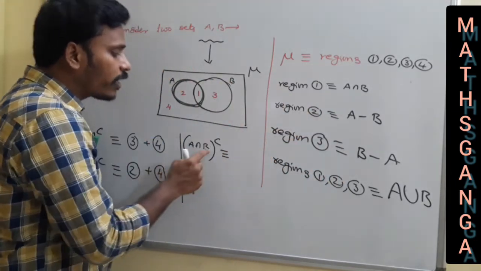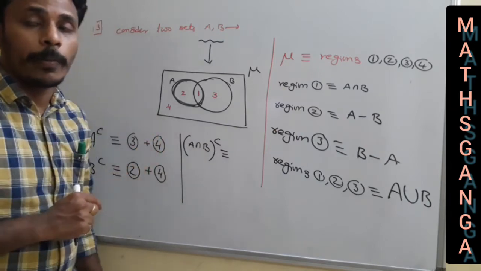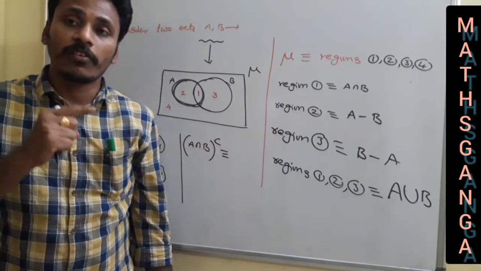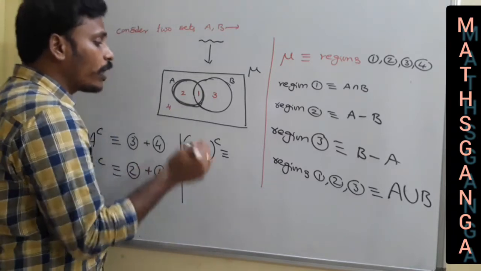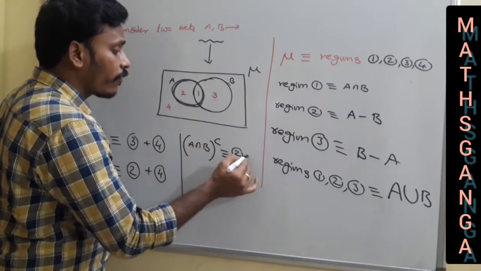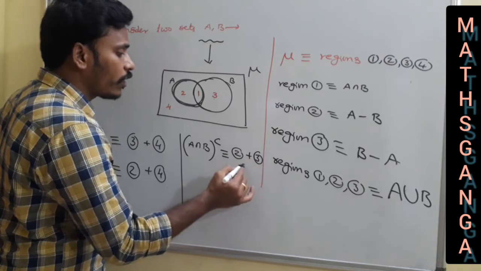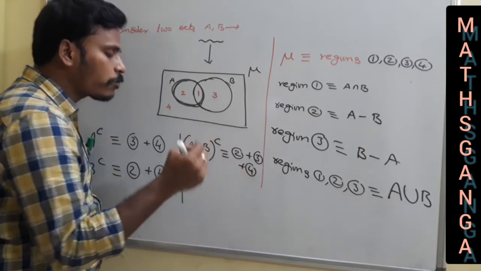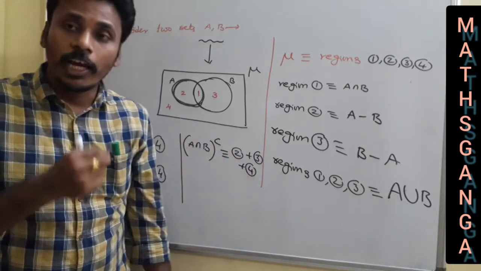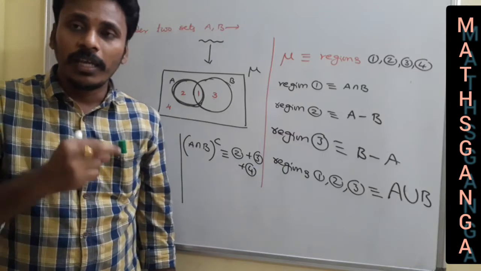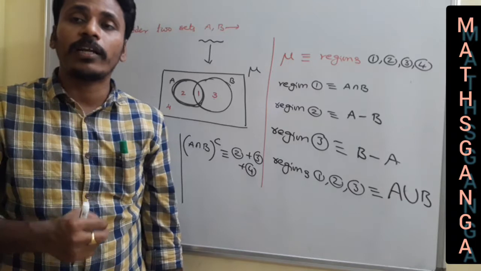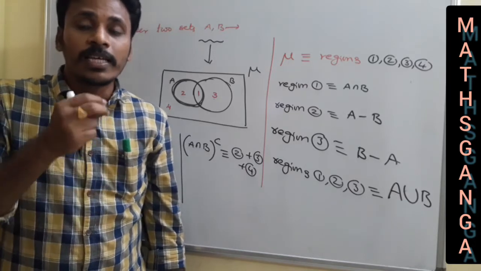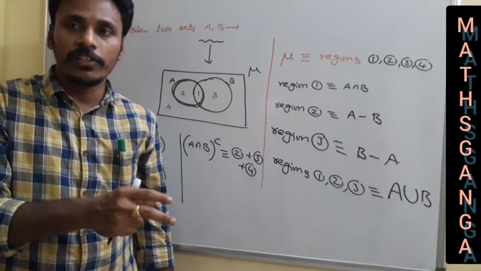I don't need that one because I am locating the complement, so you include all the regions other than 1. Other than 1, the regions are region 2, region 3, region 4. For all these things, A complement, A union B, A intersection B, we have particular definitions, and based on those definitions I am identifying the regions.